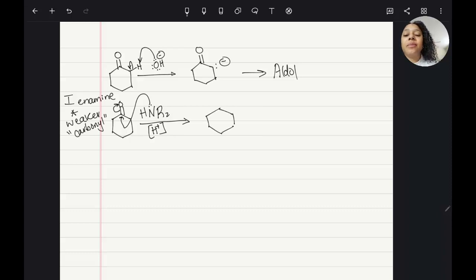Remember, there could be multiple ways in which we do this mechanism. I'm going to draw it one way, but we've talked about a couple of different steps that are also likely and possible. One way that you may draw it is not going to happen as often just because of orbital overlap, but mechanistically it's not incorrect. Having your intramolecular proton transfer can still work, but I'm going to do it the longer way, which might be a little more comfortable for some students.